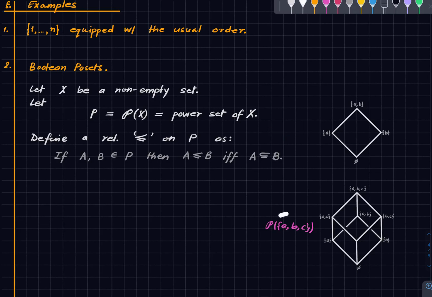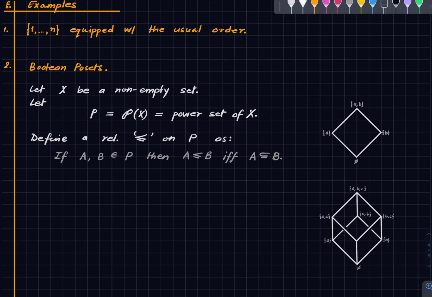So this is our definition of the partial order on P. Of course, when we call it a partial order, we have to actually verify the three properties. Reflexivity is very simple, because if A is any subset of X, then A is obviously contained in itself, and hence A less than or equal to A holds.